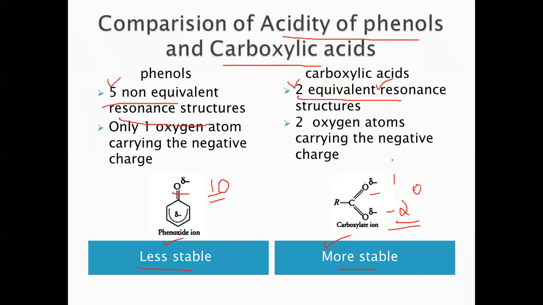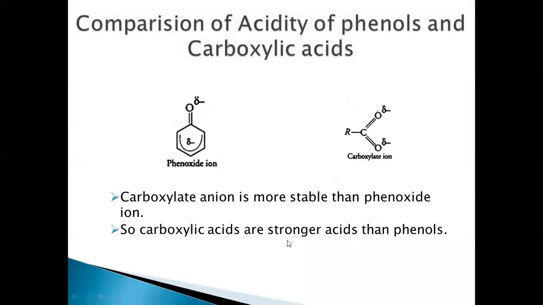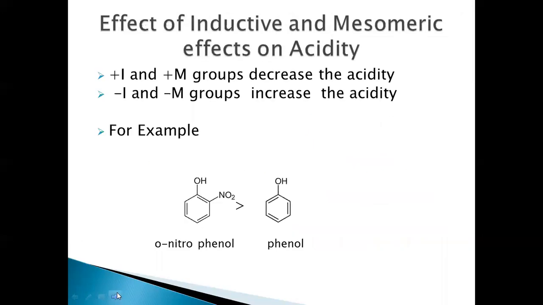So because of the 2 oxygen atoms carrying the negative charge and 2 equivalent resonance structures possible, the carboxylate anion is more stable than the phenoxide ion. So carboxylic acids are stronger acids than phenols. Carboxylic acids are more acidic than phenols because a carboxylate ion is more stable than a phenoxide ion.